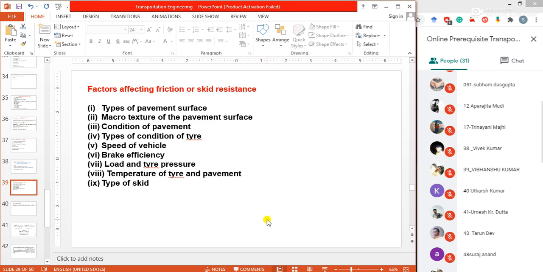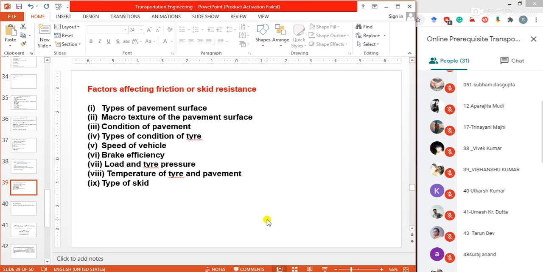So not only the types of pavement and the texture of the pavement, but also the condition of pavement, like wet or dry, smooth or rough, oil spilled, mud or dry sand, can change the friction or skid resistance of the vehicle and the pavement. Next is speed of vehicle.